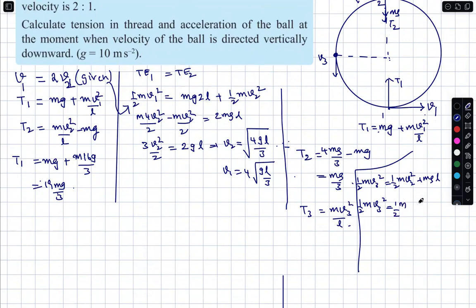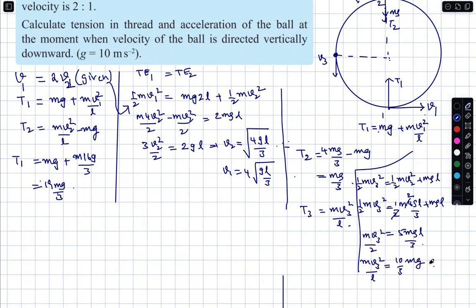V2 square is 4gl by 3 plus mgl, so half mv3 square is 5mgl by 3. You want mv3 square by L, which is nothing but 10 by 3 mg.